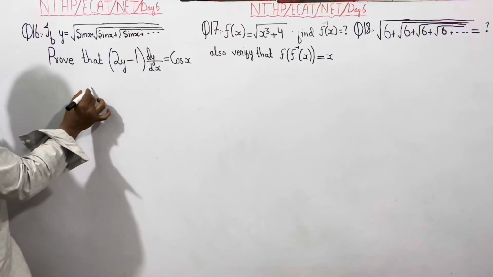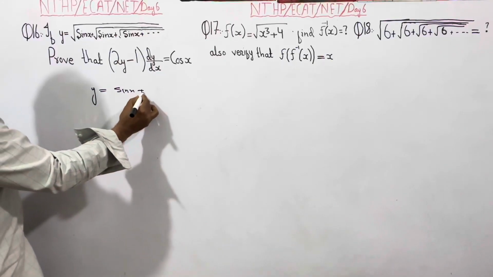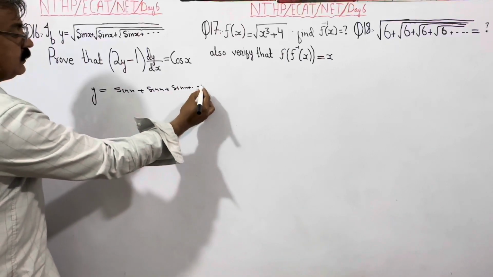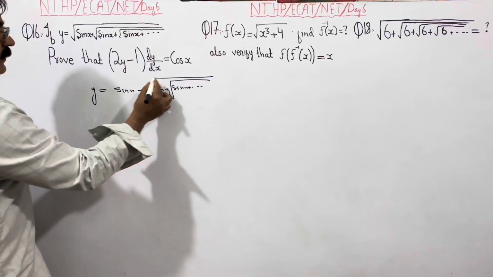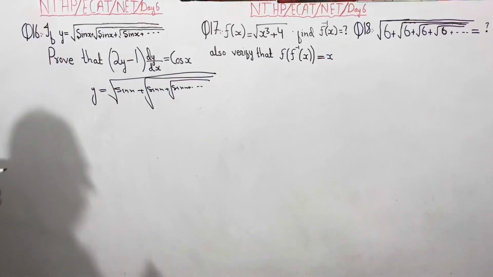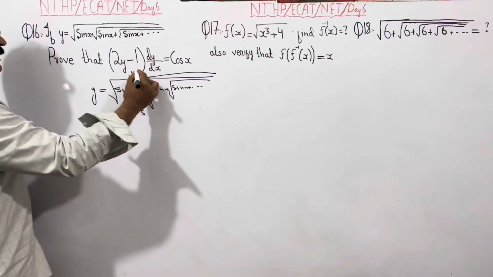Taking this, we have y is equal to root of sin x plus root of sin x plus root of sin x and so on, another root, another root. Simply squaring both sides, we can get rid of at least one square root.